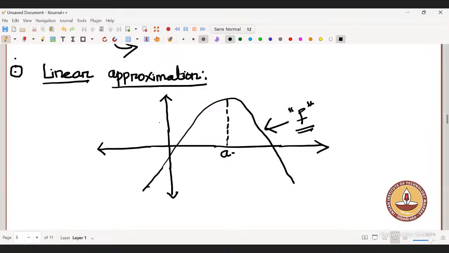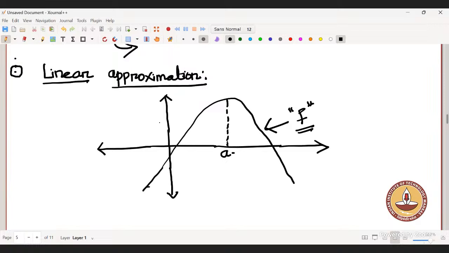What you want is to approximate this function at this point A using some linear function. So what is the best way to approximate this function? Of course, when this function is differentiable.